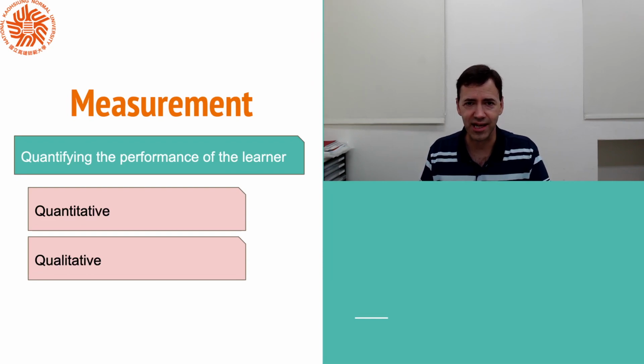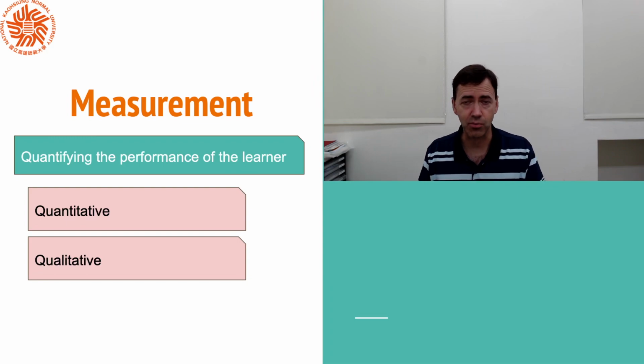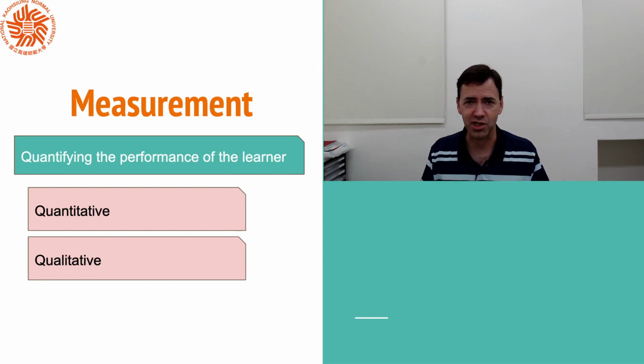Quantitative, very simply put, is when you use numbers. It comes from the word quantity. So a quantitative measurement, you'll give them a score on their test. Qualitative is talking about the quality. So this is some kind of description. It's not number based.